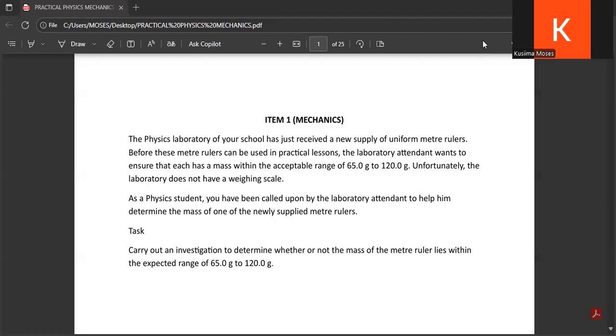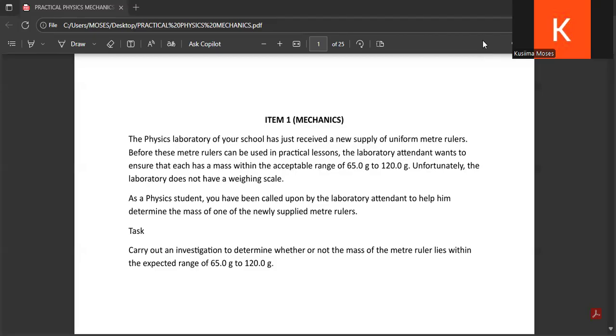So the item goes: the physics laboratory of your school has just received a new supply of uniform meter rulers. Before these meter rulers can be used in the practical lessons, the laboratory attendant wants to ensure that each has a mass within the acceptable range of 65 grams to 120 grams. Unfortunately, the laboratory does not have a weighing scale.